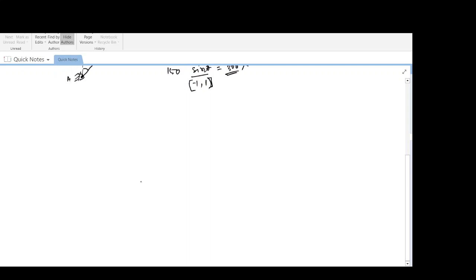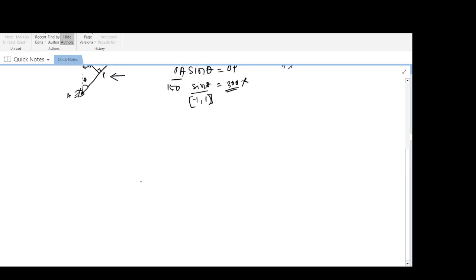So let me draw the general diagram for the quick return mechanism. What is the general diagram? This is the fixed link. Now the crank will rotate like this.